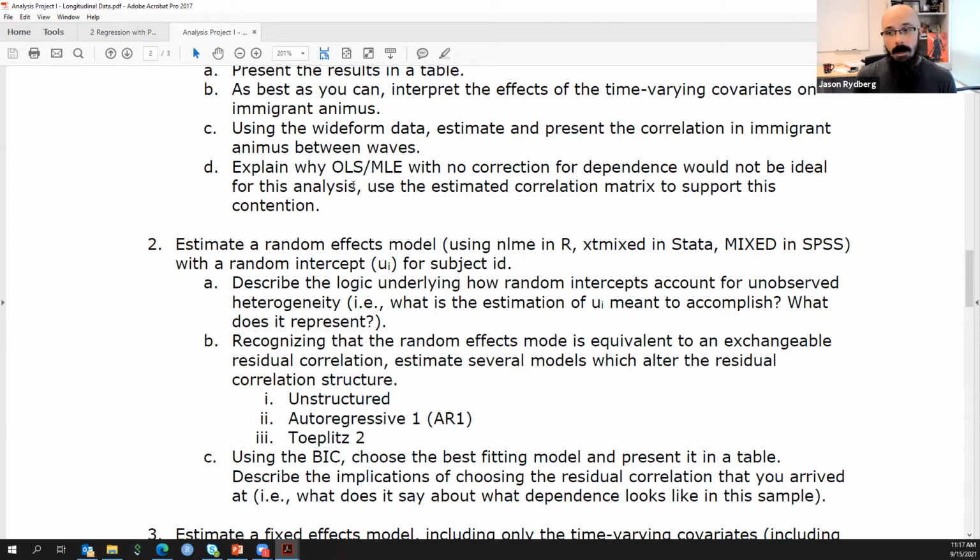I know that R can handle the different correlation structures with GLS. I know that SAS can. I am not sure about SPSS or Stata. That might be why I specified it in this way. But again, the goal should be, can we specify different correlation structures and compare across models?